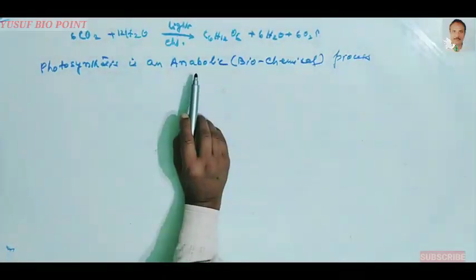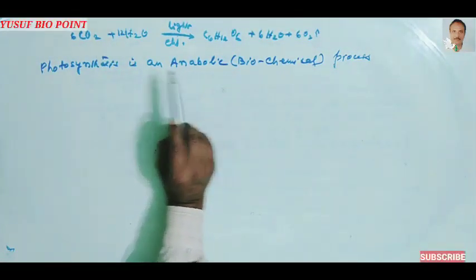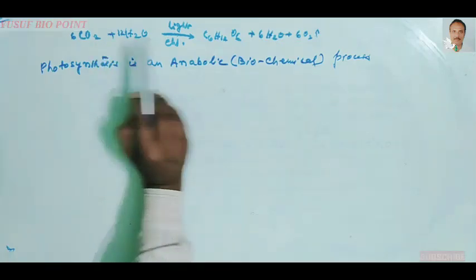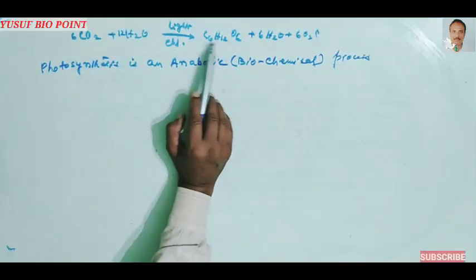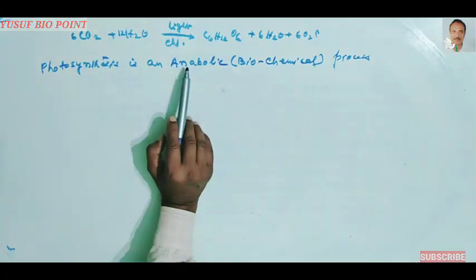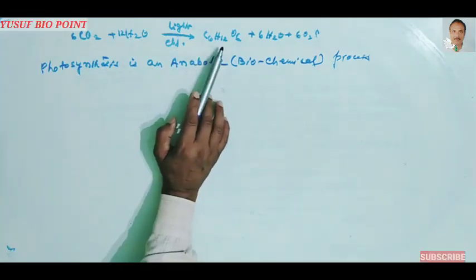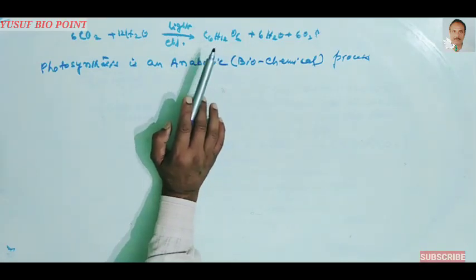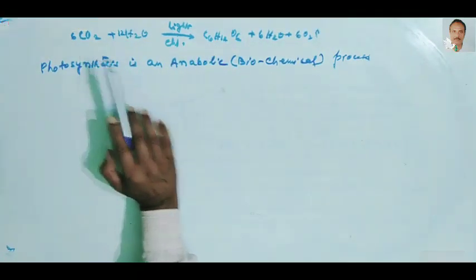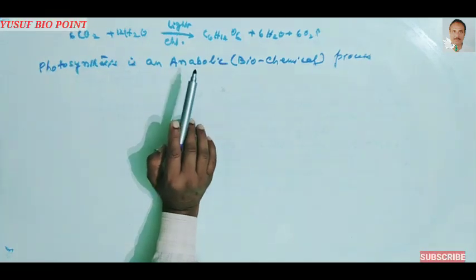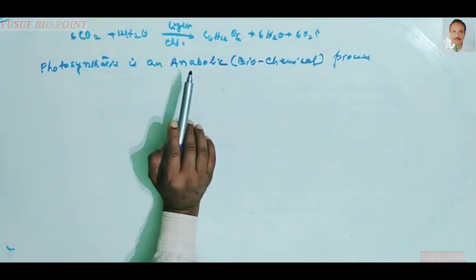Anabolic means in which some small compounds combine to form big compounds or a complex compound. If any complex compound splits into simple compounds, that is called catabolic, and anabolism plus catabolism combined is called metabolism.